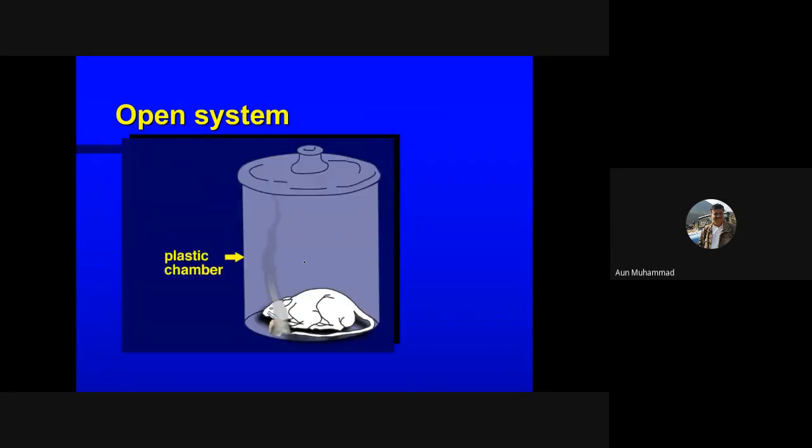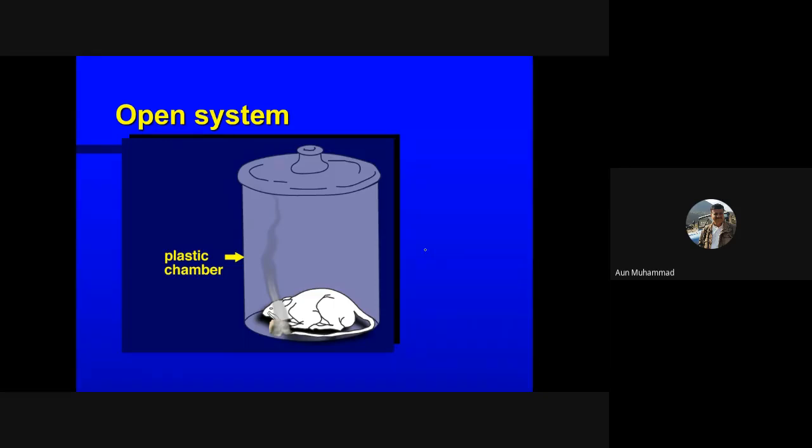This is an example of the open system that you can see, a big glass jar, and we have soaked the anesthetic mixture in cotton and kept it in the jar, and the animal that is placed in the jar will inhale the anesthetic agent and ultimately be anesthetized.